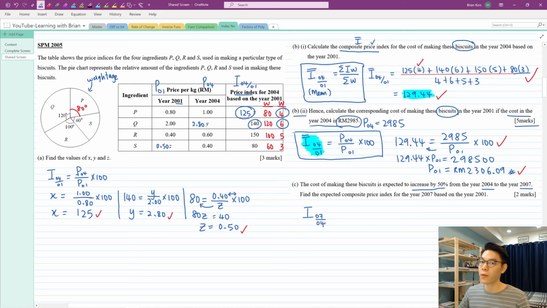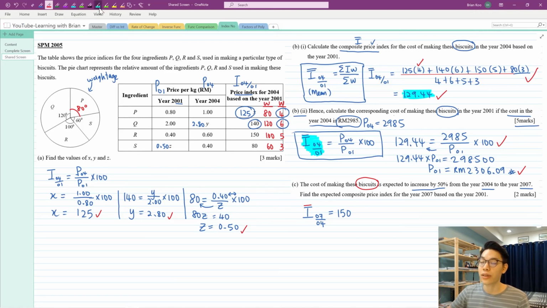Remember, bigger year always on top. If I say increase by 50%, that means it's 150, because 100 means it's unchanged, increase 50 means 150. But this one, you need to be careful because they are talking about biscuits. For biscuits, we know it is I bar. Okay, not just I, be careful, it's I bar.